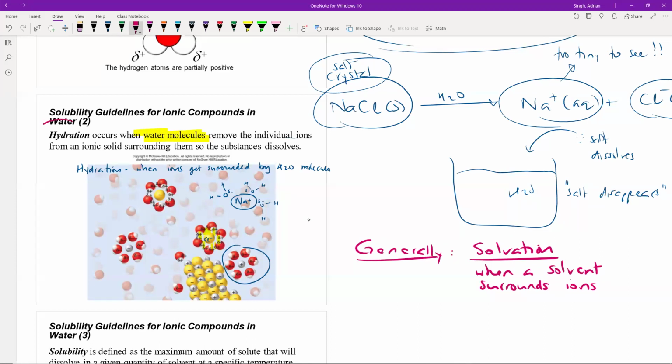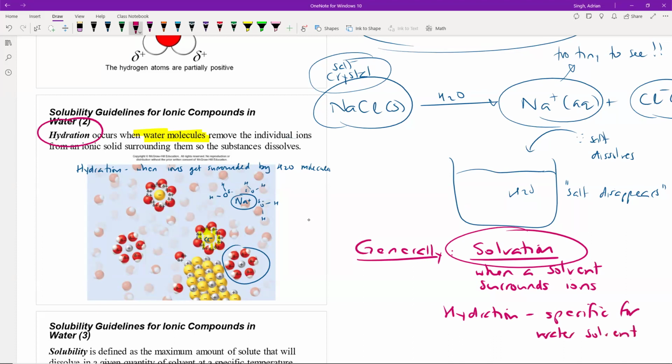And hydration is a specific example of solvation. Hydration involves a specific solvent, which is new. Solvation is for a general case, when you're talking about any solvent; hydration is specific. So water as a solvent. Okay, so essentially they mean the same thing, solvation and hydration, but hydration is specific for having water as your solvent.